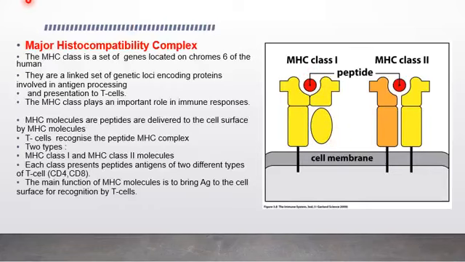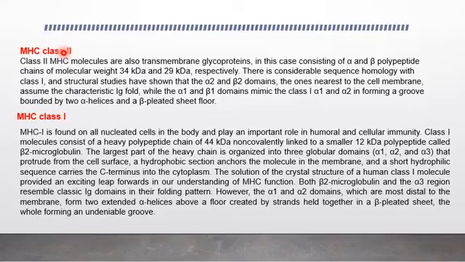Okay, so let's understand some important points about the major histocompatibility complex. Histo means tissue. Compatibility means getting along or agreeable. MHC, got it. It's a complex.